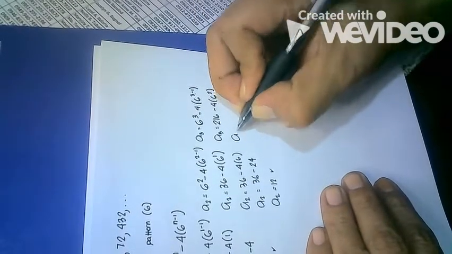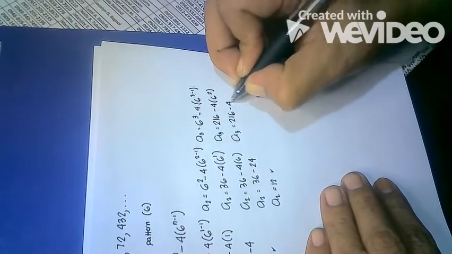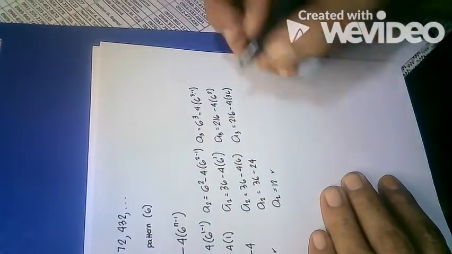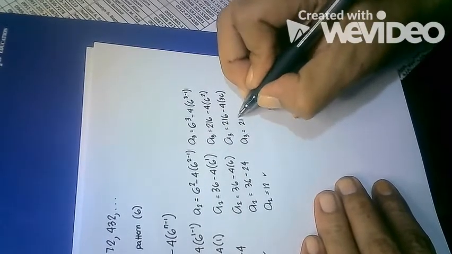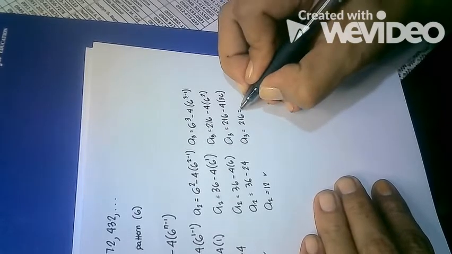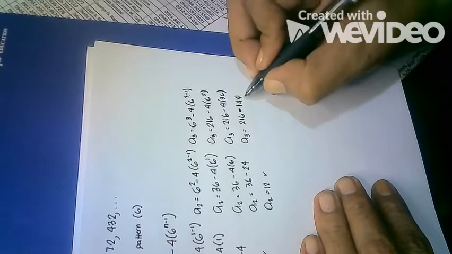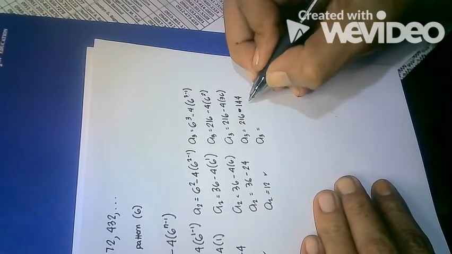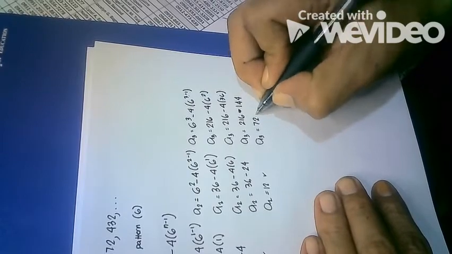So your a sub 3 now equals 216 minus 4 times 36. So therefore a sub 3 is 216, and 36 times 4 is 144, minus 144. So we subtract that. So a sub 3 equals 216 minus 144, which is 72. So check.